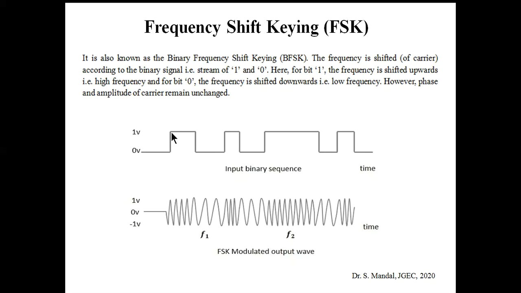Here you can see that in the region where the 1 belongs, the frequency of the corresponding carrier is high, and here it is 0, so the frequency of the carrier is low. Here again the frequency is high, and again in this region low, high, low, like this.